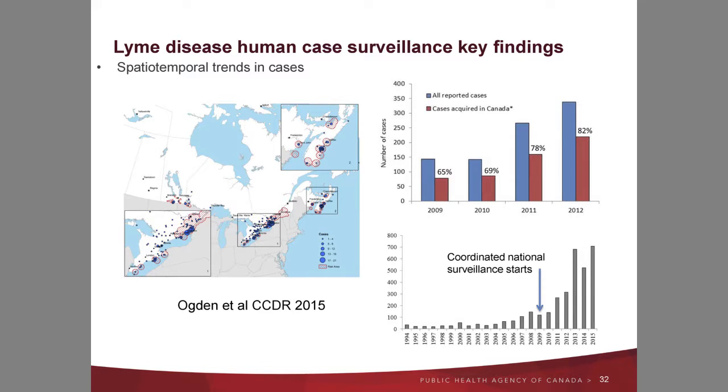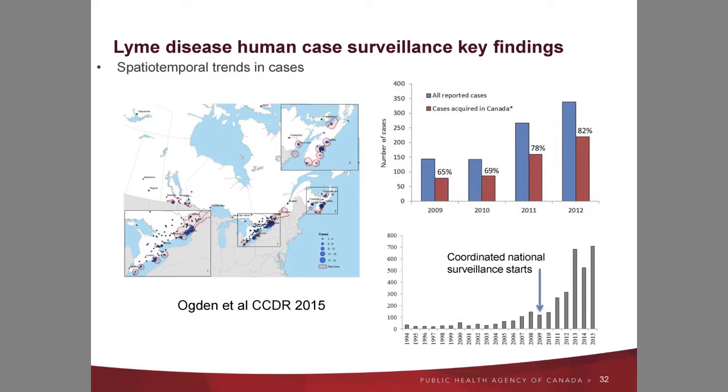By and large, cases are occurring where we're finding environmental risk, but not always, so human cases are identifying new emerging areas. We are seeing increasing numbers, and these are apparently an underestimate for 2015.